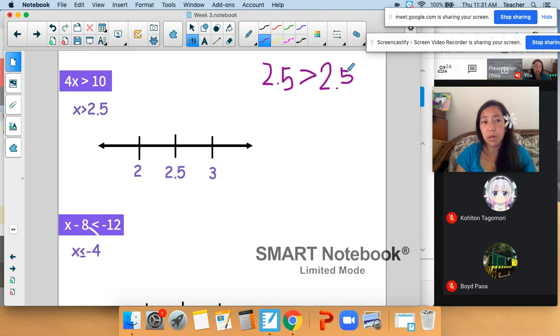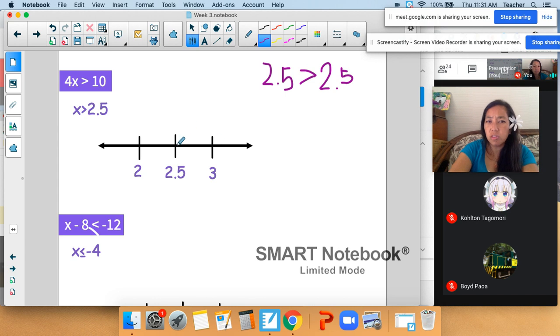They're equal. That means 2.5 is not a solution because it doesn't make the sentence true. So you're like, okay, then how do I graph that? Well, let's start at 3, because 3 is greater than 2.5.